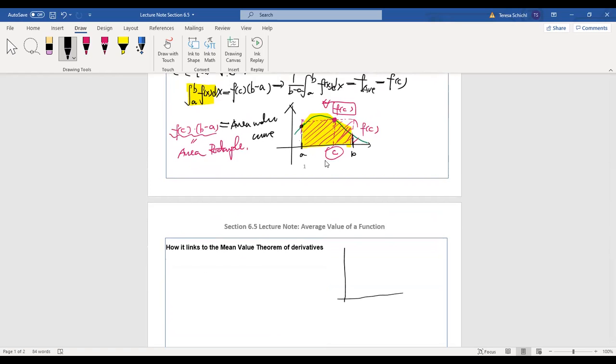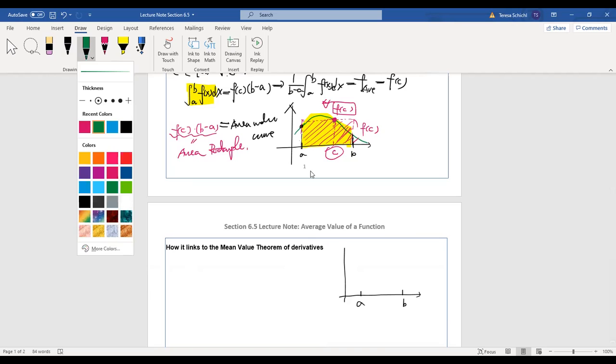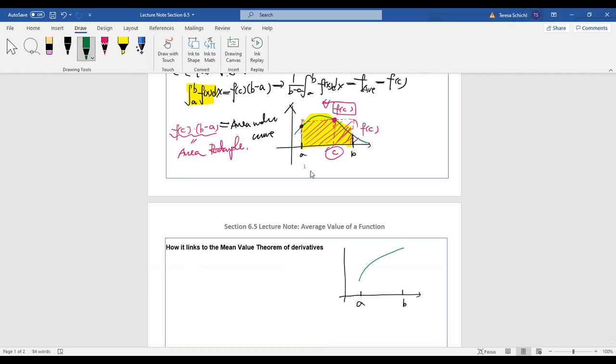If you still remember, in calculus 1, for the mean value theorem for the derivative, we have this A and this B. Let's say I have a function, let me exaggerate, going like this, with a little bit more curvature.